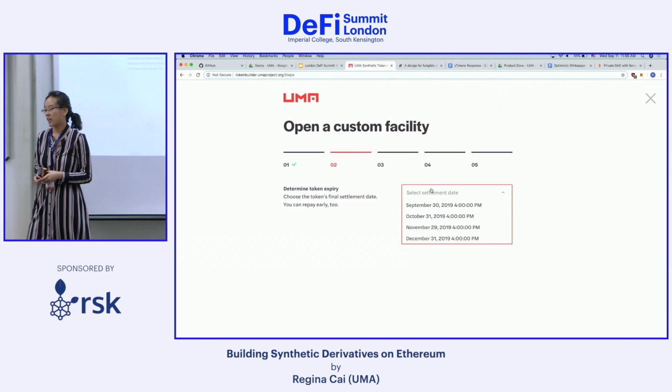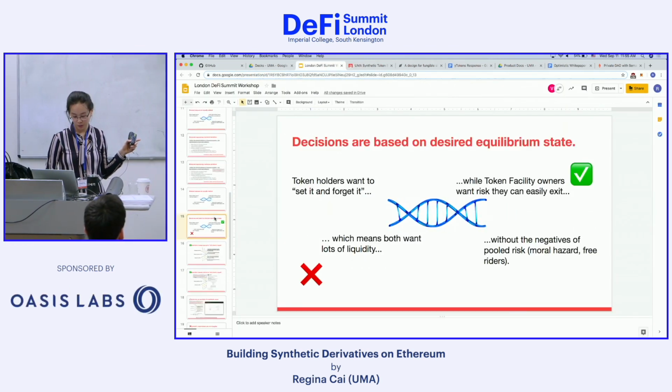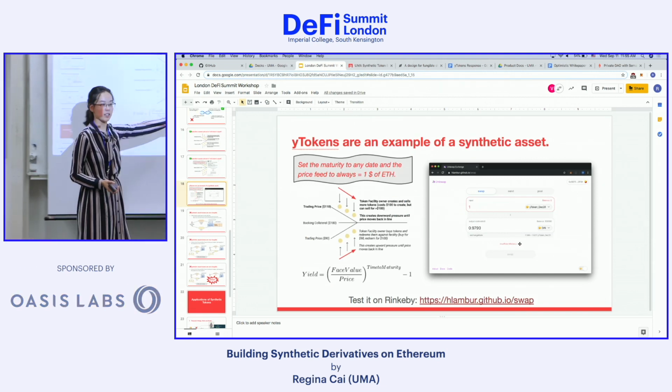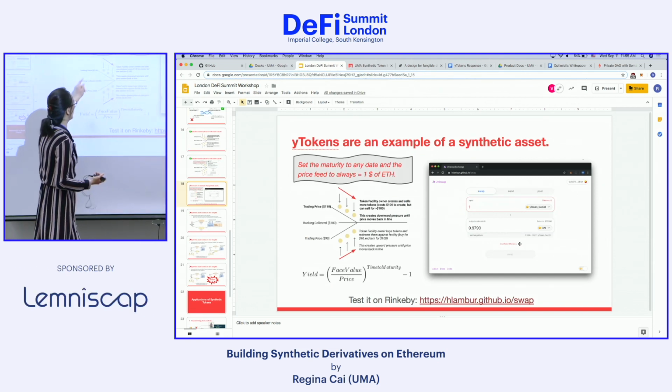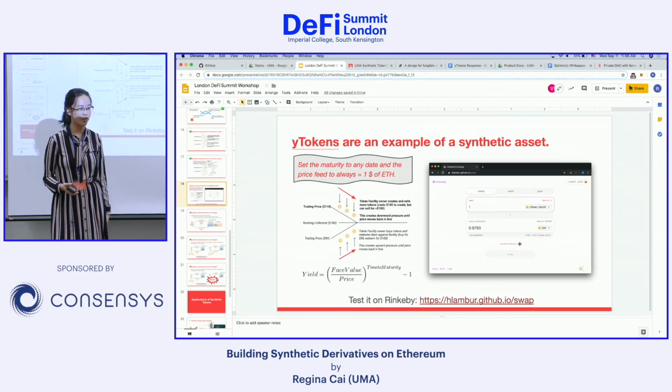In fact, for this Y token demo, we changed the backing collateral to ETH, because we wanted this to be $1 worth of ETH in the future. So we definitely can use other types of assets.